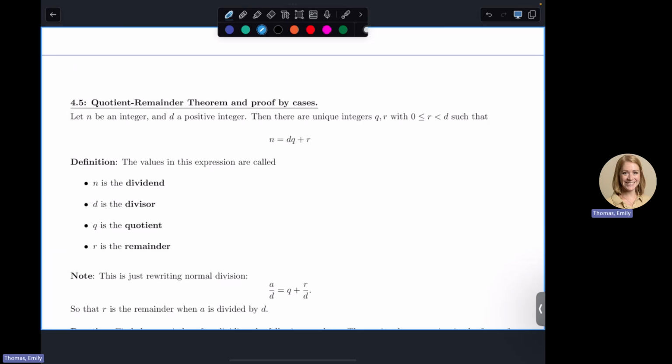R is between 0 and D. Could be 0, can't be D. Such that N is equal to D times Q plus R. Every number with a particular divisor has a quotient and a remainder. This makes sense. If D divides N, then N is equal to D times Q and R is 0. Does that make sense? There would be no remainder.